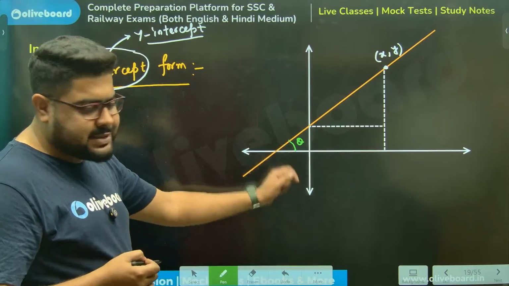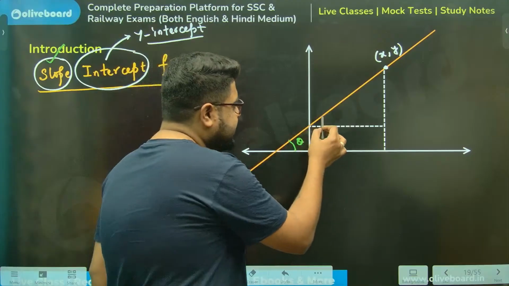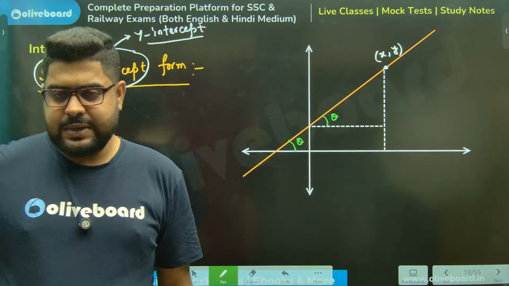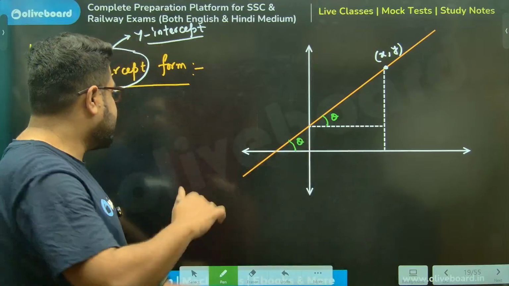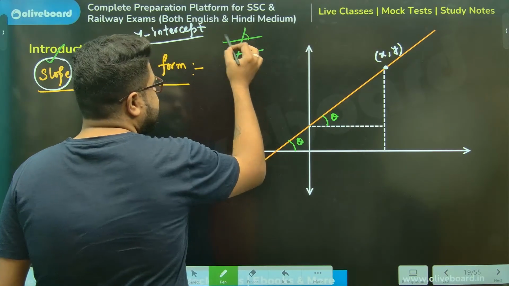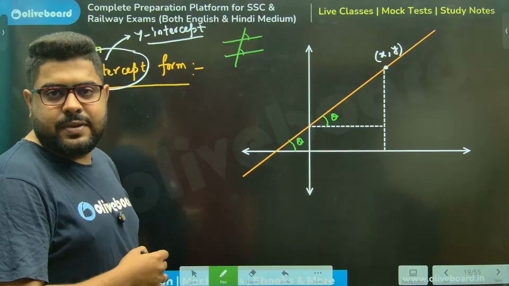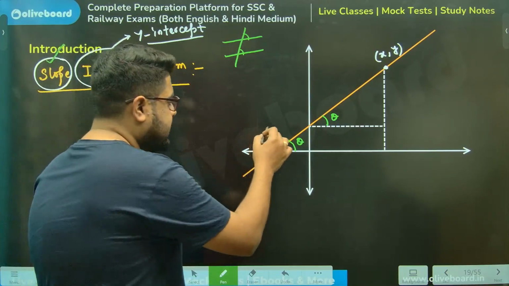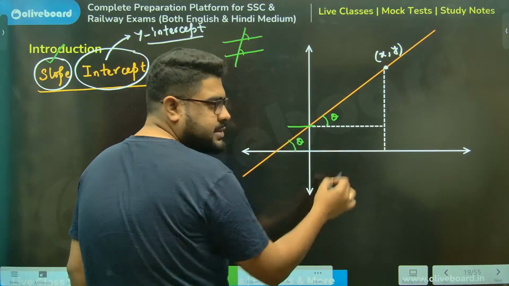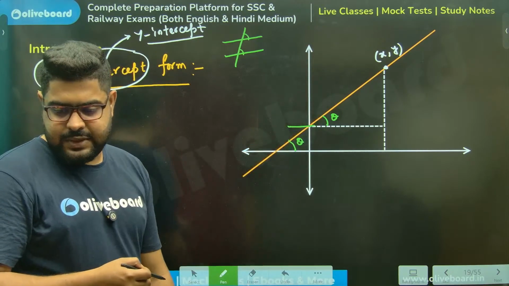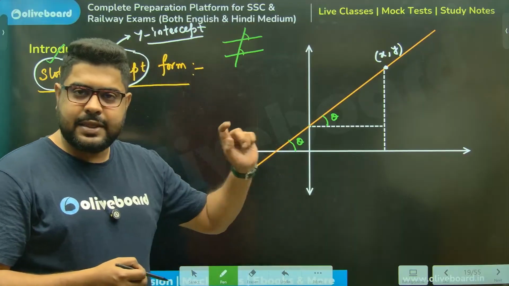Now if this is theta, can I say this is also theta? Yes or no, everyone? If this angle is theta, this is also the same: corresponding angles. Two perpendicular lines, and this is the transversal. Everyone clear? Theta, theta.